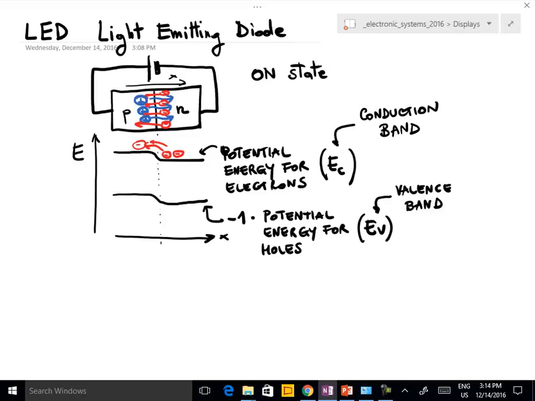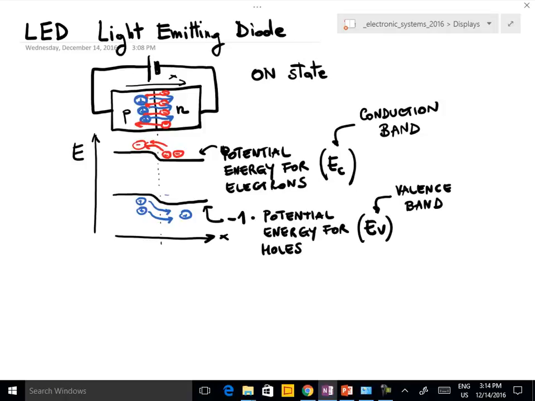The illustration for holes is reversed because I'm plotting it as a -1. The holes see a barrier, which is this one, because I have reversed the profile of the potential energy for holes. The holes that have a positive charge can now diffuse into the n region.